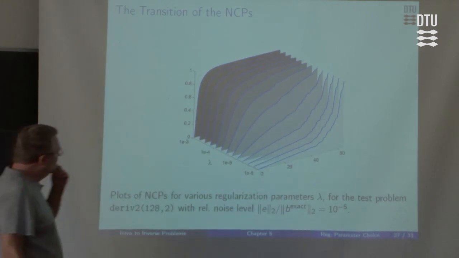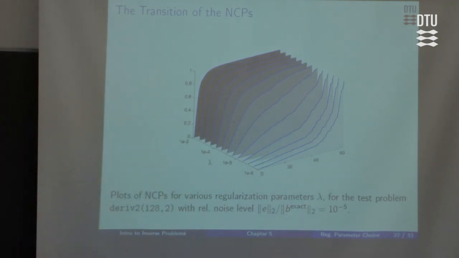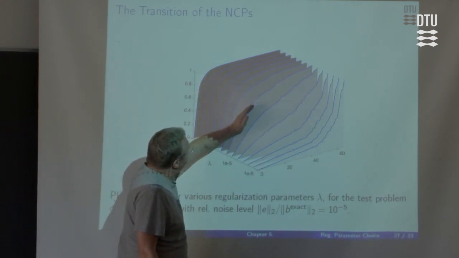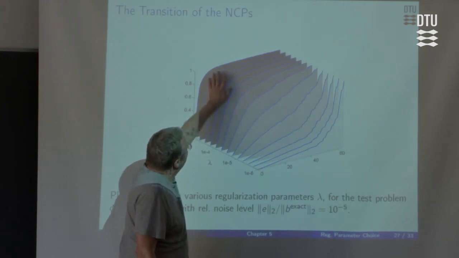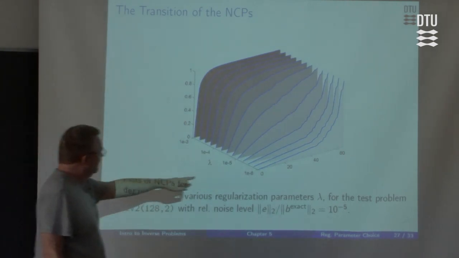So as we decrease lambda, when lambda becomes smaller and smaller, we include more and more SVD components into the solution, and sure enough, the Ncp curve starts to change its behavior. Hopefully you can see that. Right. And then at some point here, lambda is really quite small.